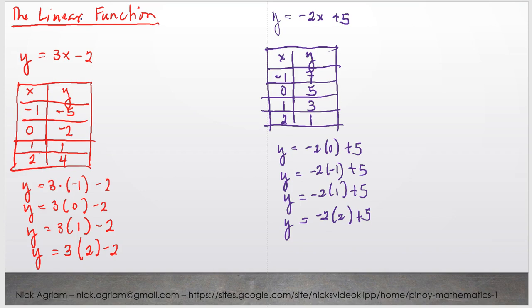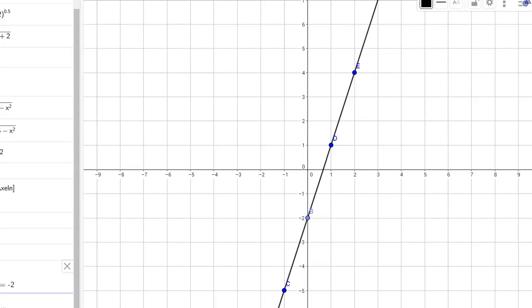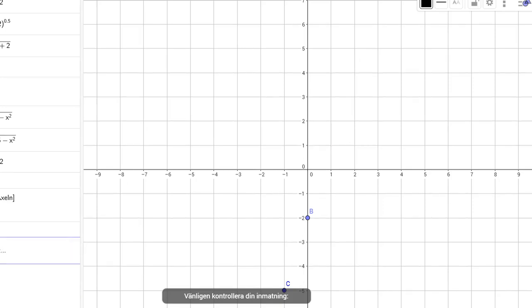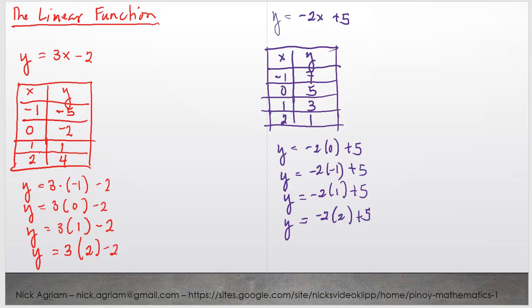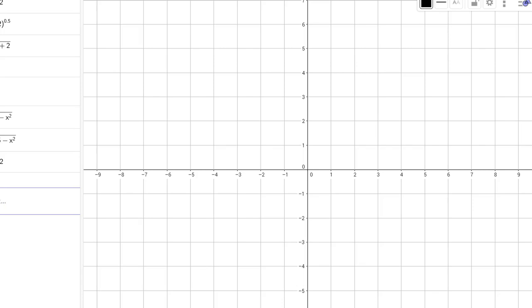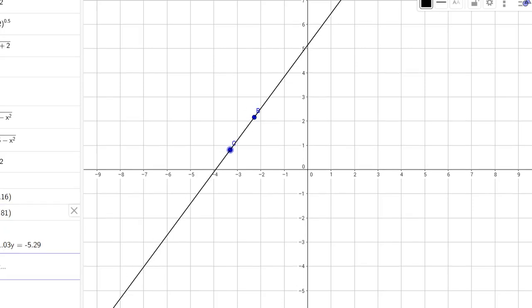Okay, if we're going to draw that in a graph, all the coordinates now. When x is negative 1, then y is 7.